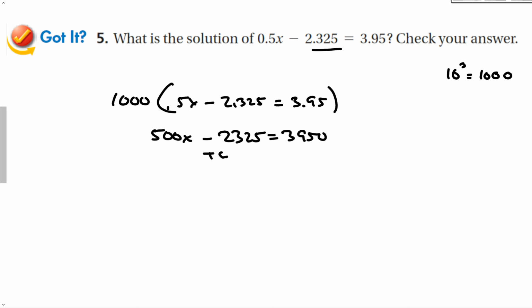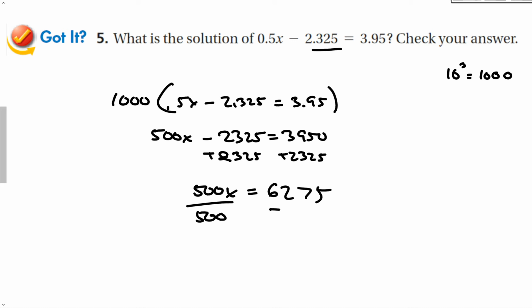Add 2325 to both sides, and I will get 500x is equal to 6275. Unfortunately, not the prettiest problem.